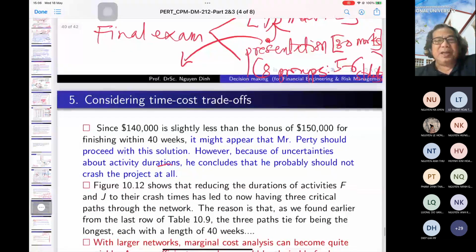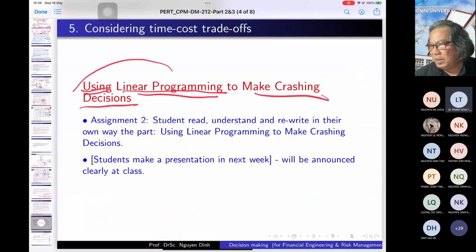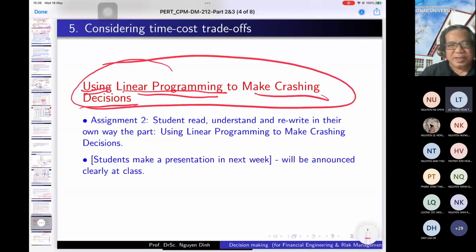What I wrote here, I explained to you already. It is nothing but using linear programming to make a crash decision. To make the crash decision here, you have a critical path, and then you can list the paths, 5 or 6 paths, and reduce like this.